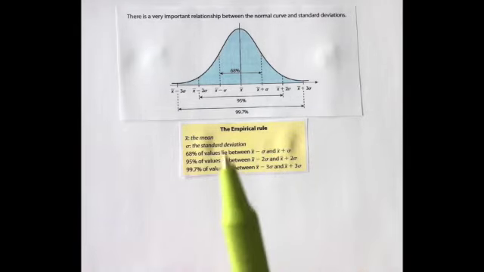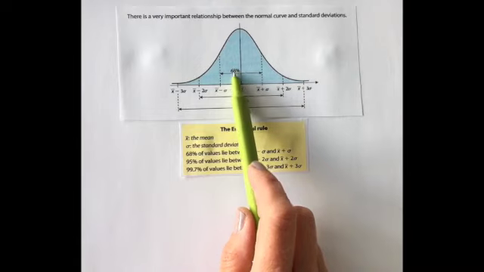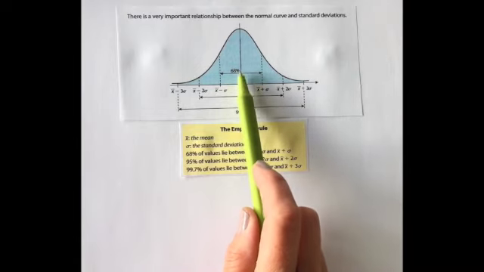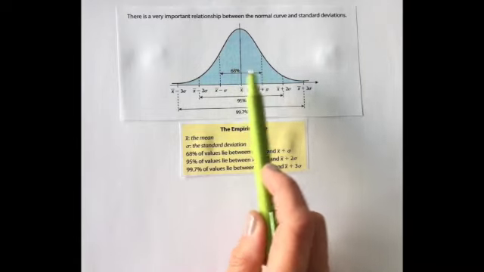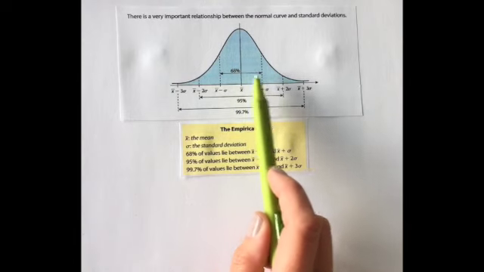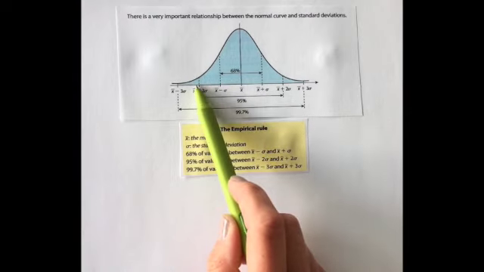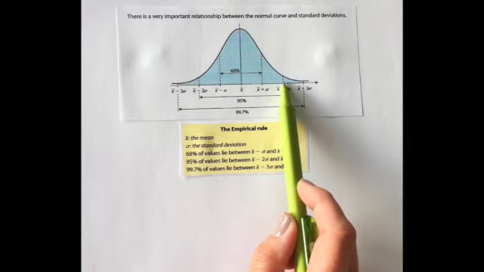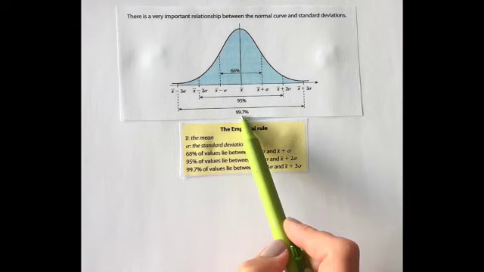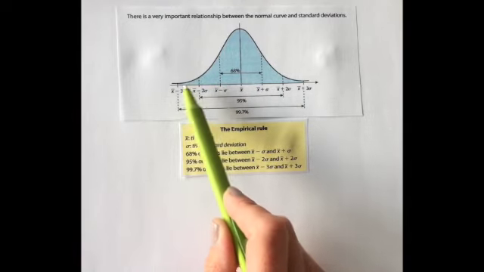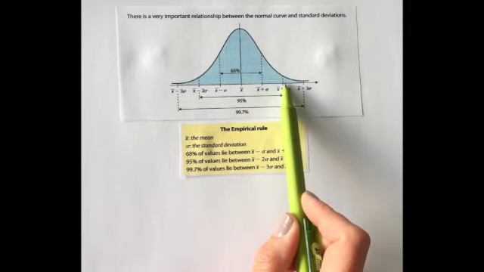Approximately 68% of the data will always lie within one standard deviation of the mean. Approximately 95% will lie within two standard deviations of the mean, and approximately 99.7% of the data will lie within three standard deviations of the mean.